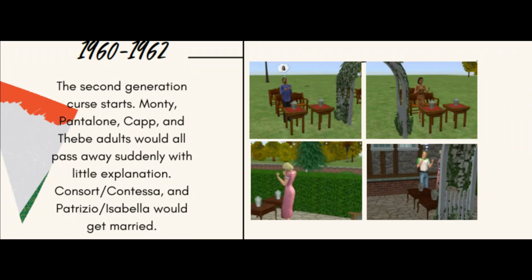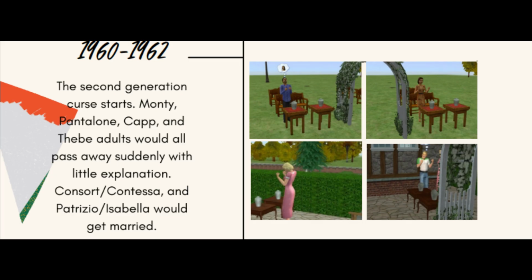Now we are in the early 1960s where the second generation curse officially starts, where you will see the second generation, i.e., the first ones that were technically born in Veronaville. So essentially, Patrizio, Consort, Isabella, and Contessa's parents all dying in their adulthood, suddenly and with very little explanation.